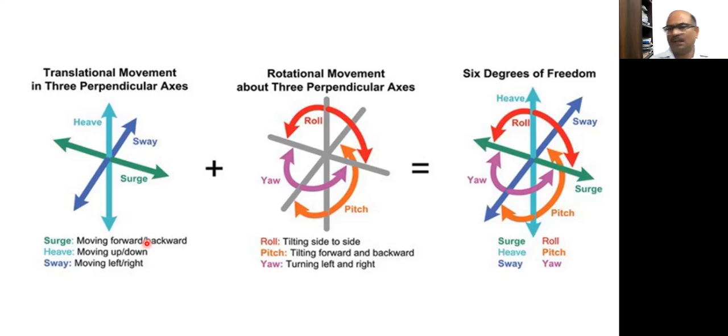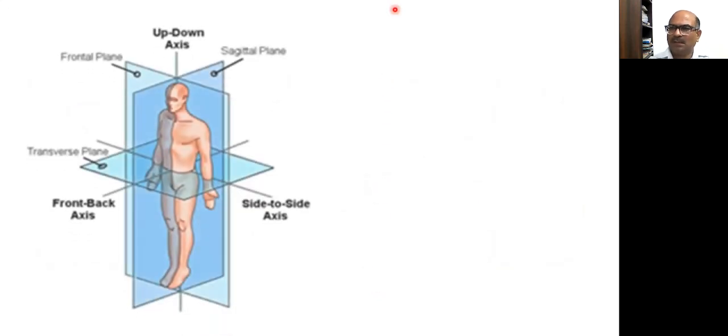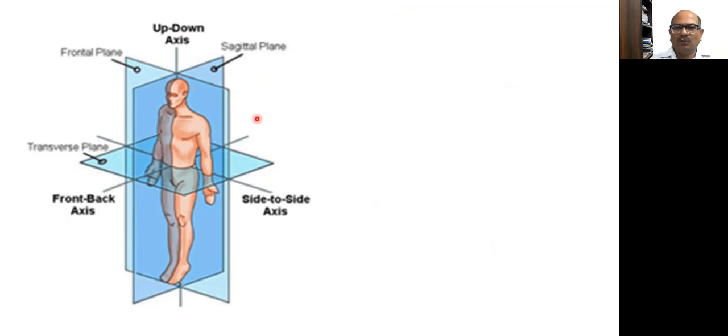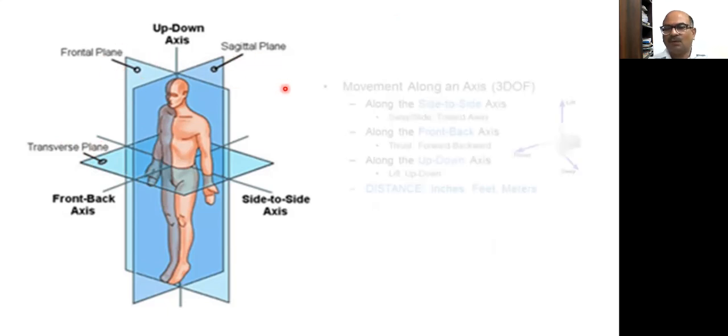And for the human body again, if we consider the up-down axis, side-to-side axis, and front-back axis, we have a transverse plane, a frontal plane, and a sagittal plane.